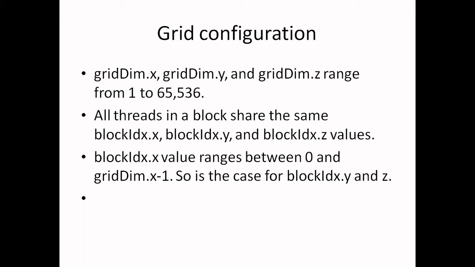What does blockIdx tell us? blockIdx tells us about the block index, in which block the particular thread currently is. So definitely it should range between 0 and the dimension we have specified for x in the x direction, for y in the y direction, for z in the z direction. The only thing you have to see is that it starts from 0, not from 1.